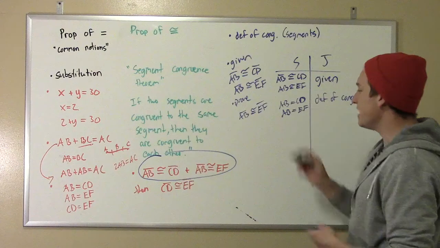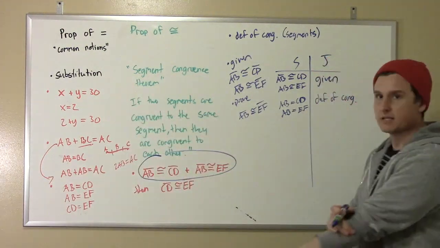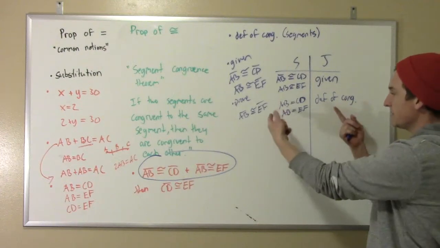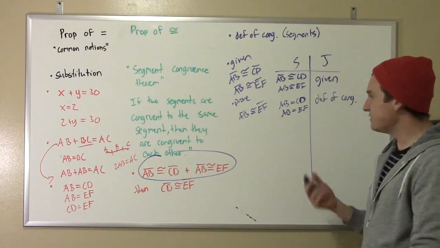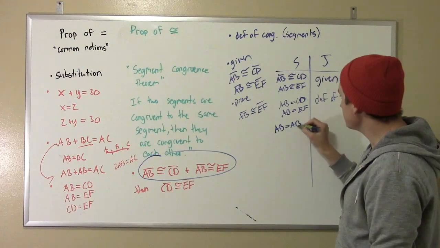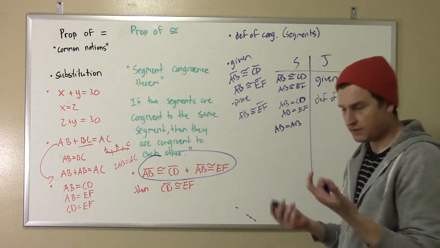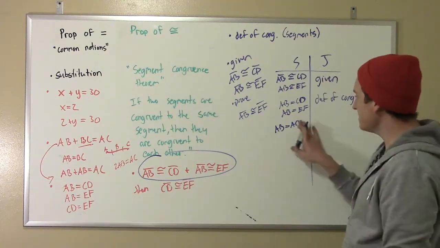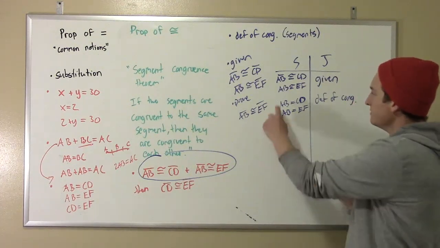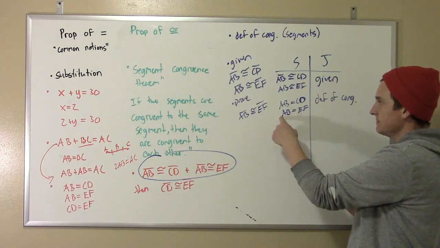Okay. Now, from here, we could pretty much invoke our substitution property of equality if we wanted to. We could just say, hey, look, they're both equal to the same thing. We could maybe even add another line where we say AB is equal to AB because of the reflexive property. But I think, from this point, we have two things equaling the same thing.